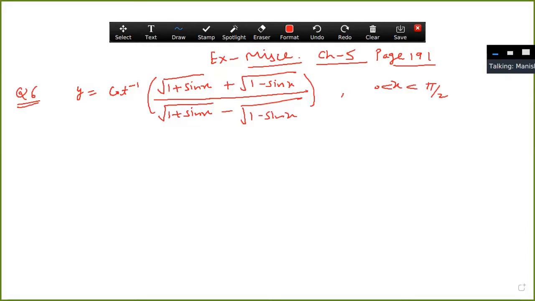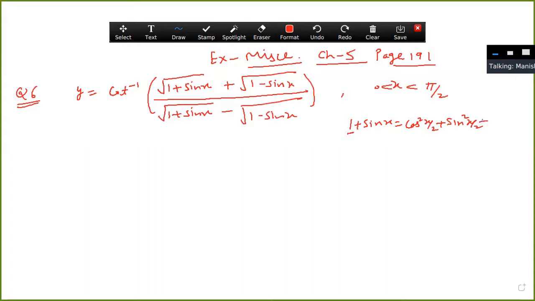Now here you know very well, suppose it is 1 plus sin x, how to simplify it. I think you can write this statement like this. 1 can be replaced by cos square theta plus sin square theta. Here I will take x by 2 because it is a requirement of the question. The value of cos square plus sin square is 1, so that's why I replace this 1 by this statement.